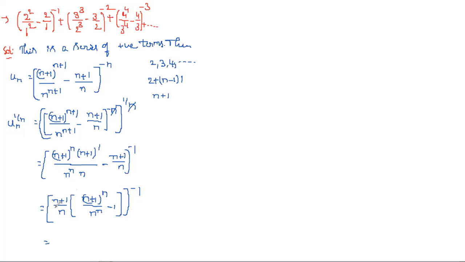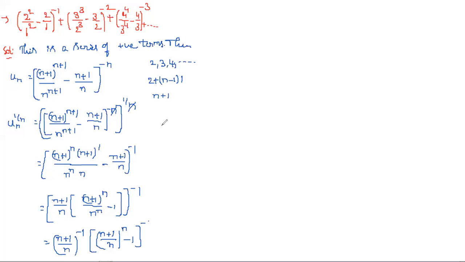This minus is applicable for both terms, and simply we can write n plus 1 by n whole power minus 1. Coming to this, a power n by b power n is simply n plus 1 by n whole power n, minus 1 whole power minus 1.